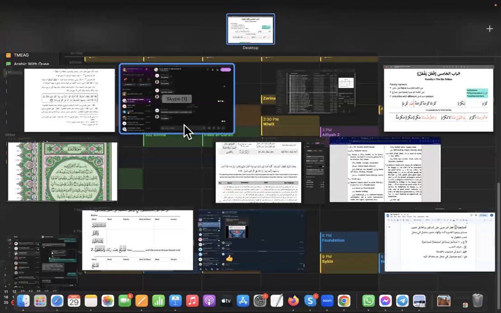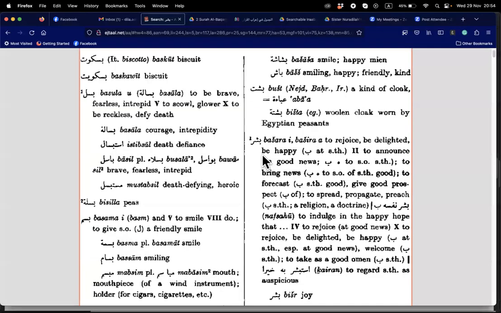But if you remember, then when you see this, you can easily say, this is Daraba Yadribu. This is Sami'a Yasma'u, because you see AI, IA. This is Karuma Yakrumu. Very easy, you can do that. That's the point of remembering.